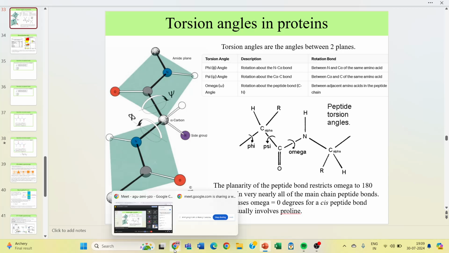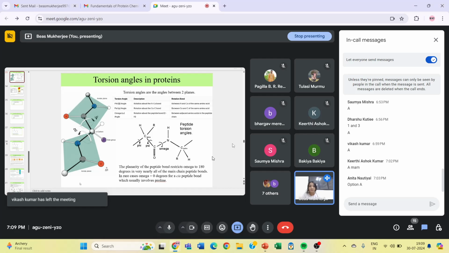So what is a cis peptide? In proteins, it is usually like this: CONH. Again, CO and NH. That is a trans peptide, because the CO and NH are directing in two different directions, right? But if the CO and NH are on the same side, then this is called a cis peptide, and cis peptides are very common in prolines. But for other amino acids, it is majorly trans peptides.